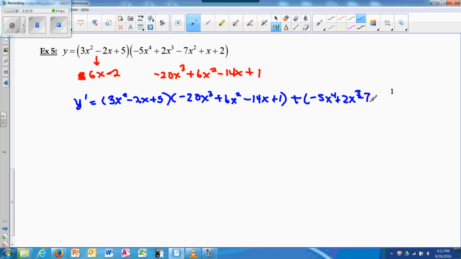Plus the second term times the derivative of the first term.